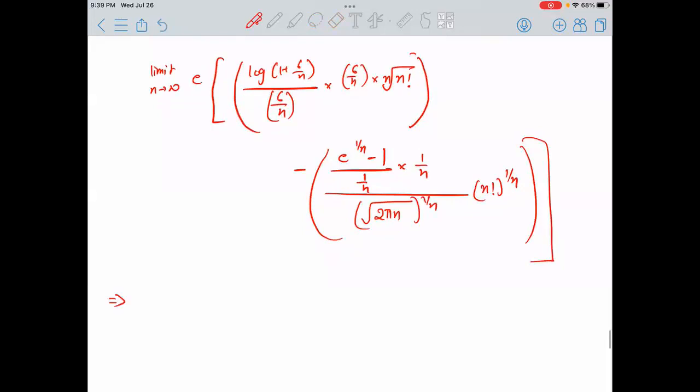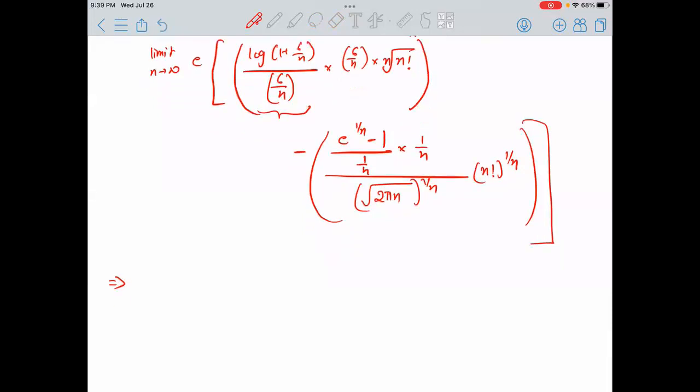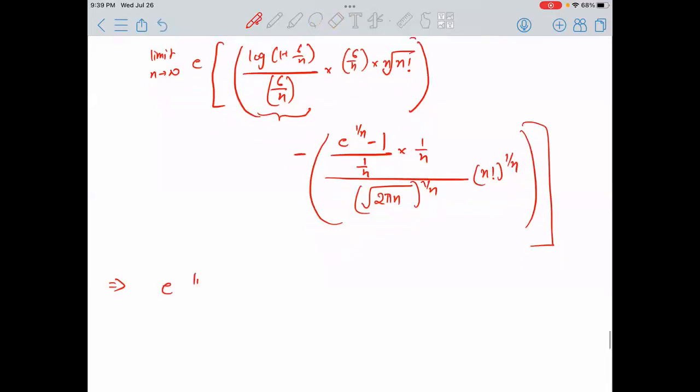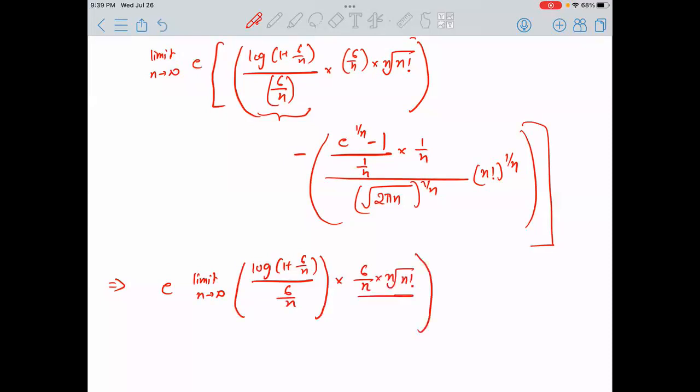This is what this will become: 1, into limit n tends to infinity of log(1 plus 6 by n) divided by 6 by n, into 6 by n into n root n factorial.